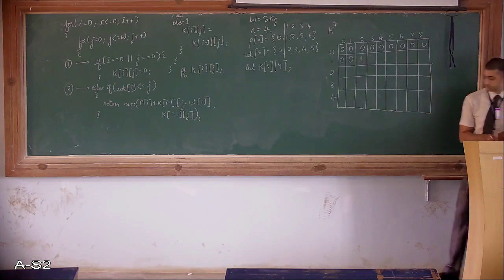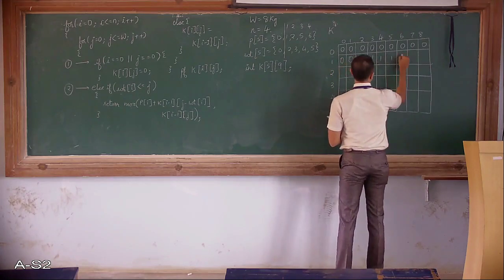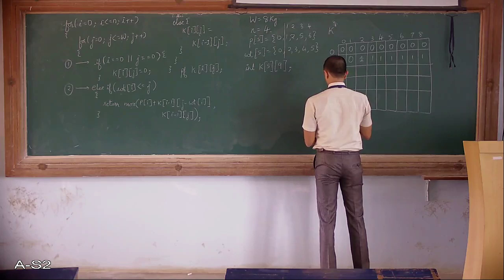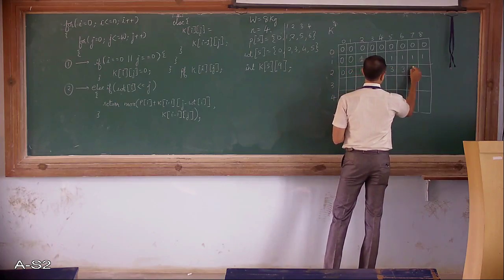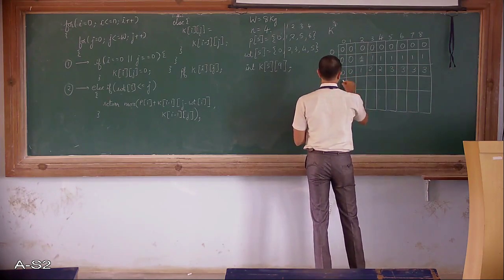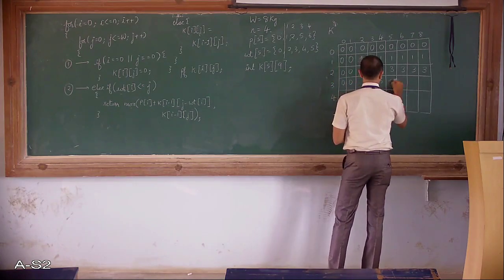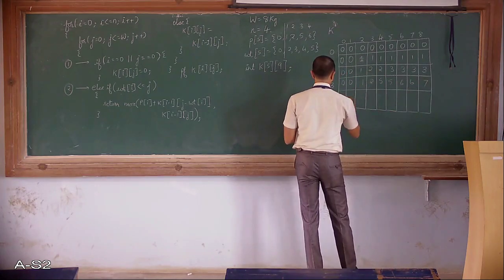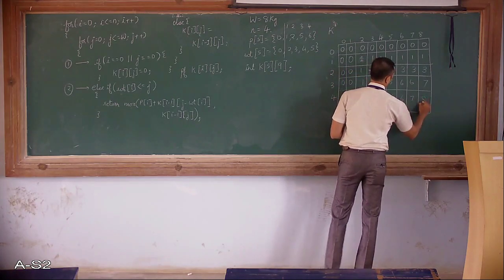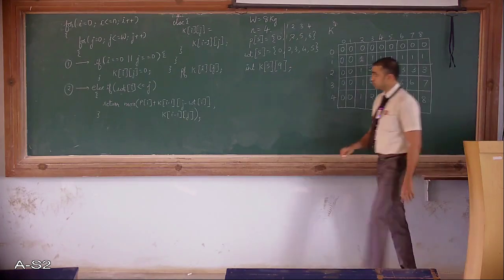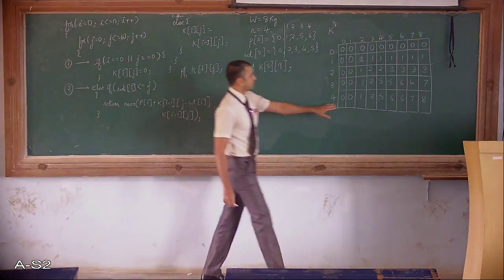So when you fill this table, these are the values that you will get. So using this for loop and these formulas, you will be able to fill this table completely.